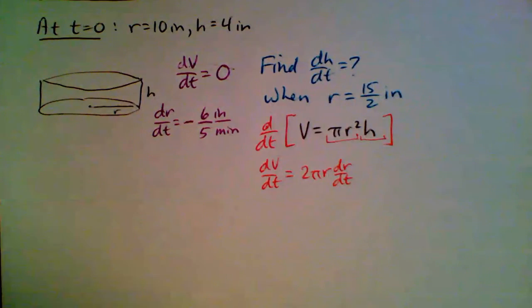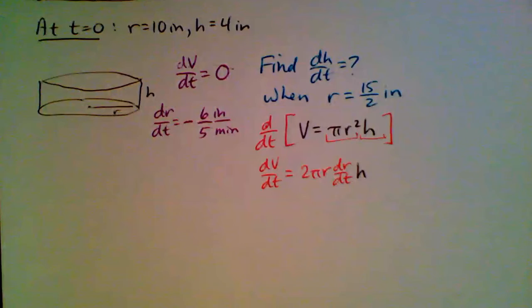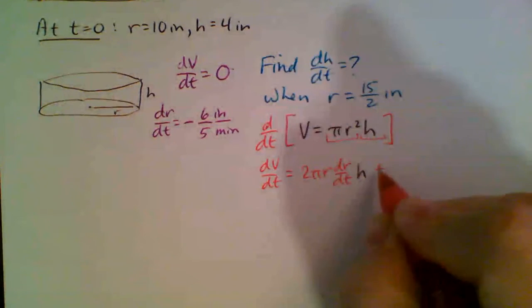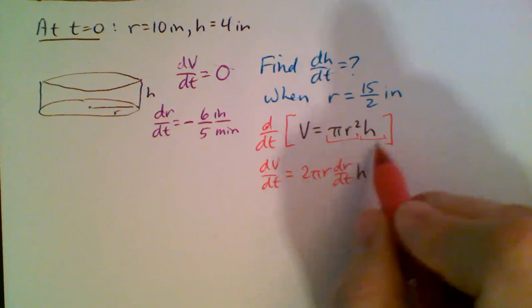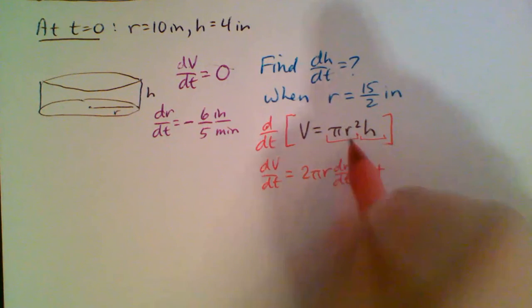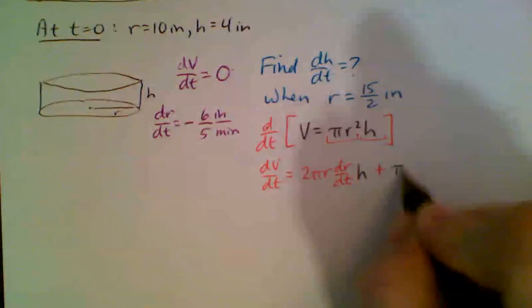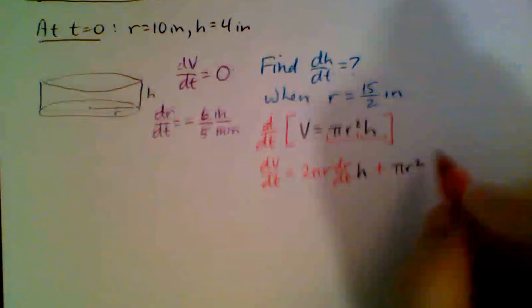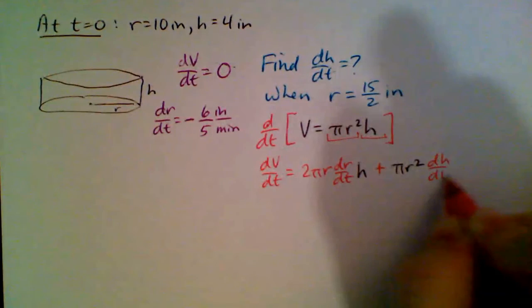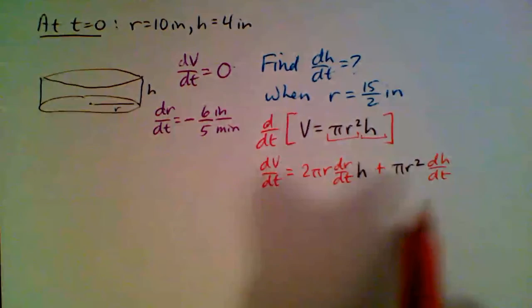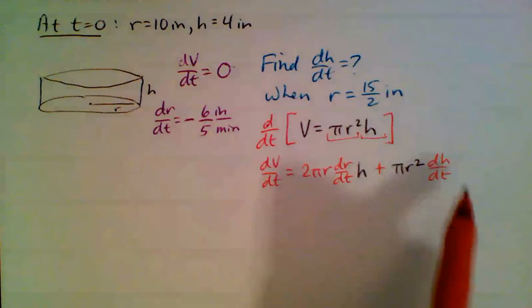Then we leave the h alone. The rest of our product rule is plus, then we leave the pi r squared alone, and take the derivative of h, which is dh over dt. So that part in red, that's our derivative.